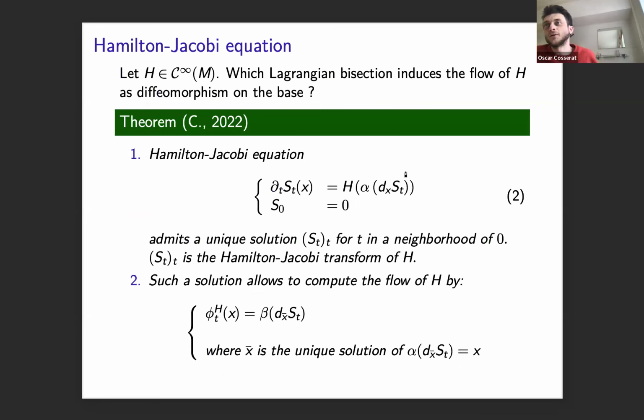So this is the Hamilton-Jacobi equation for us, and the unknown is S_t, a smooth function on M, the Poisson manifold.